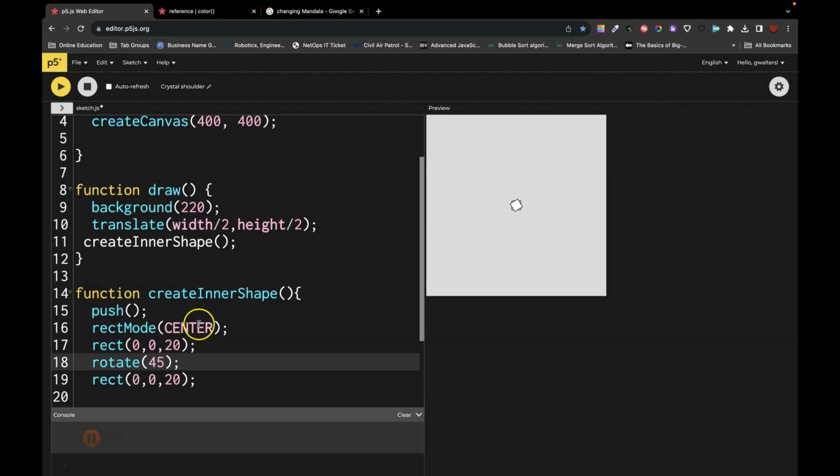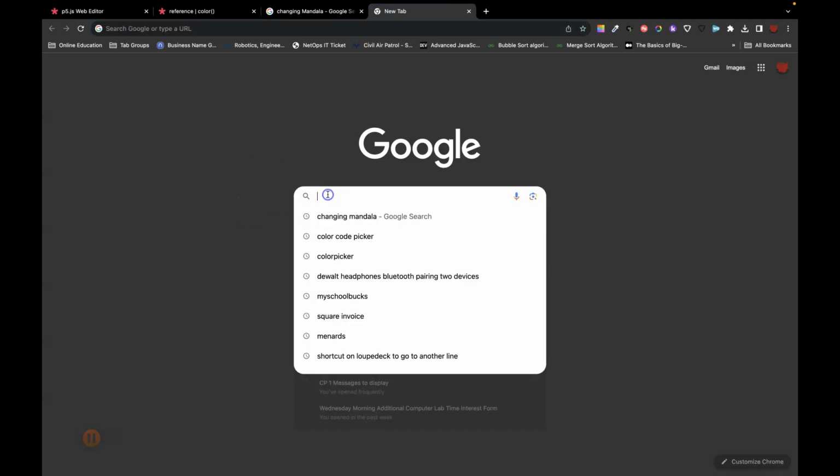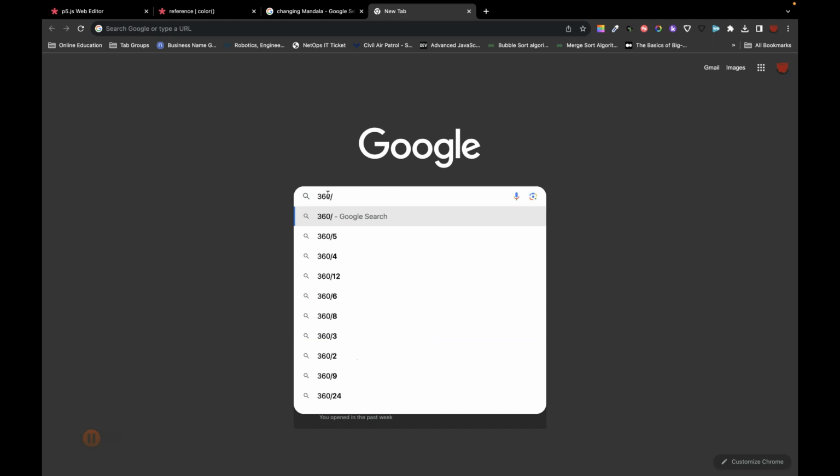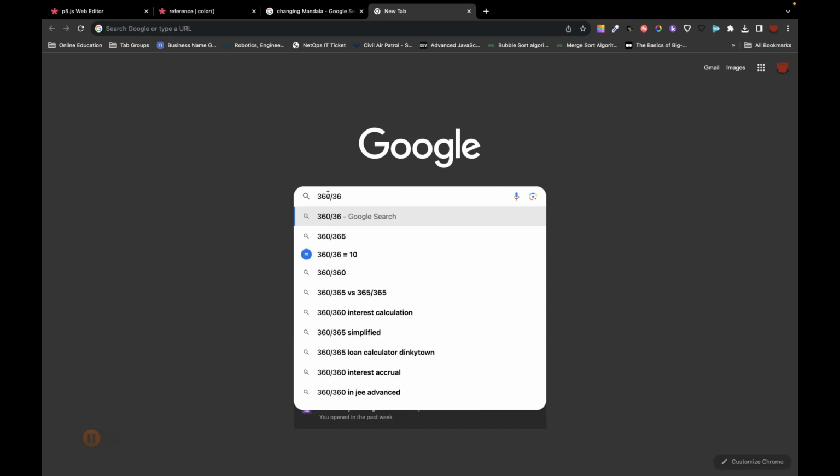Now, instead of doing 45, I want to do something that is divisible by 360, since I have 360 degrees. So anything that is divisible: if I do, say, 360 and divide by, let's say, 36, that's going to give me an even whole number.